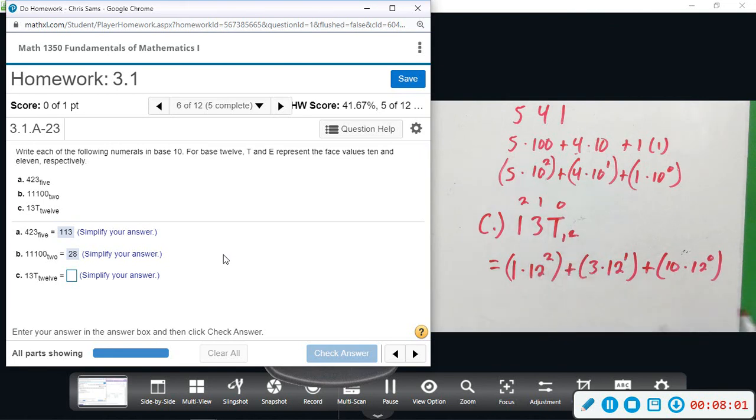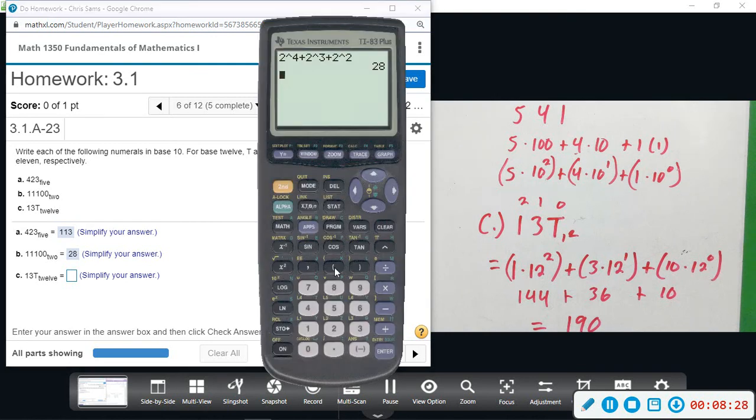So you can, if you want to, just put a 1 here. It does the same thing. So this will give us 144. This will give us 12 times 3 is 36. And then 10 times 1 will give us 10. So when you add this all up, 180, 190. Okay, and let's check the technology. So I'm going to type it all in just like I have it right here.